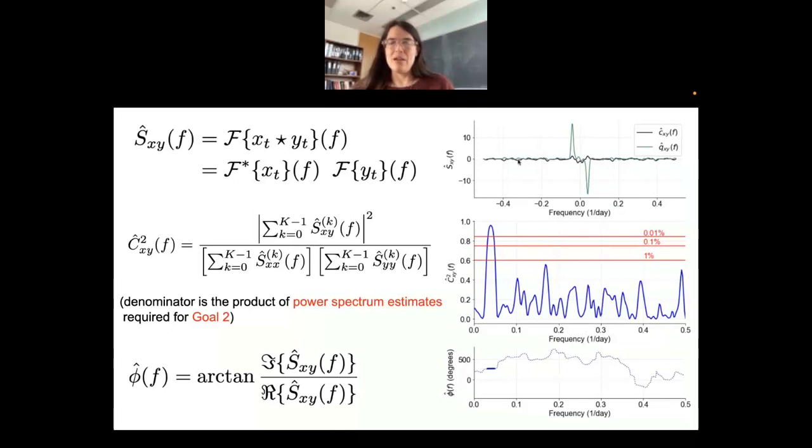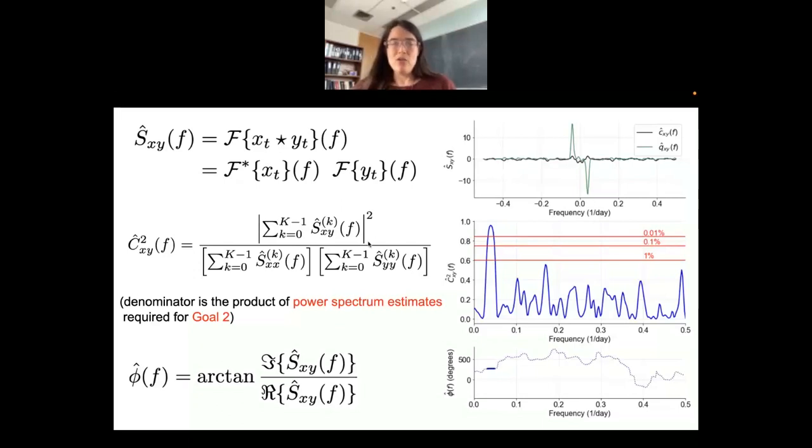On the right here, the equation on the top left is the same as the equation on the previous slide, but you can actually see what the complex valued cross spectrum of those two time series from the previous slide looks like. We have the real part and the imaginary part, and sure enough, you can see the shared oscillation.